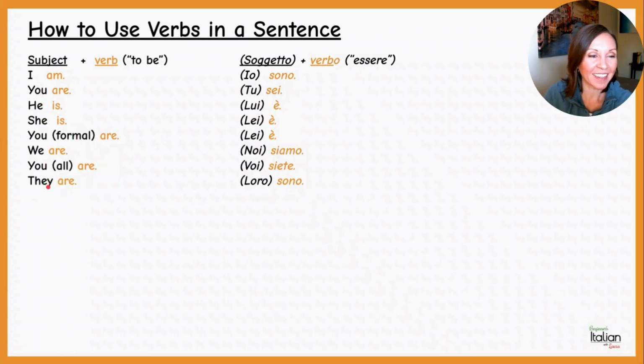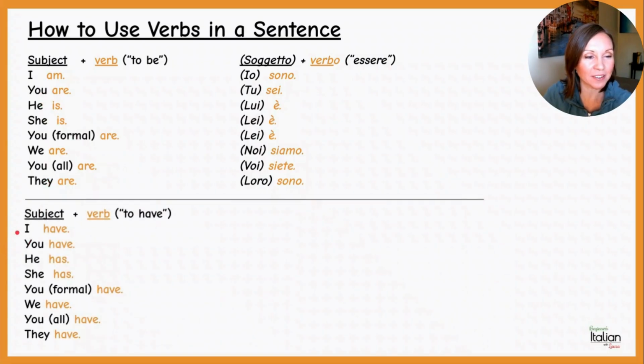Then we have another example here. So we have the verb to have. I have, you have, he has, she has, you have, we have, you all have, and they have. The only one that's different here is he and she has.